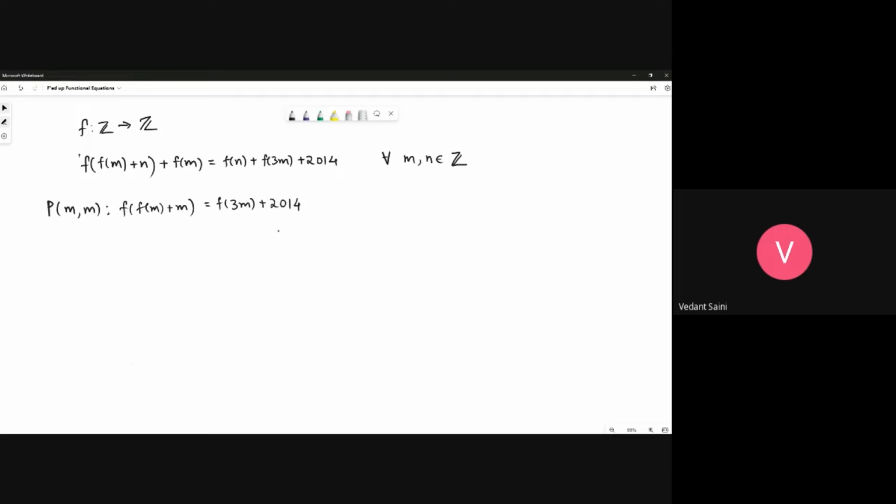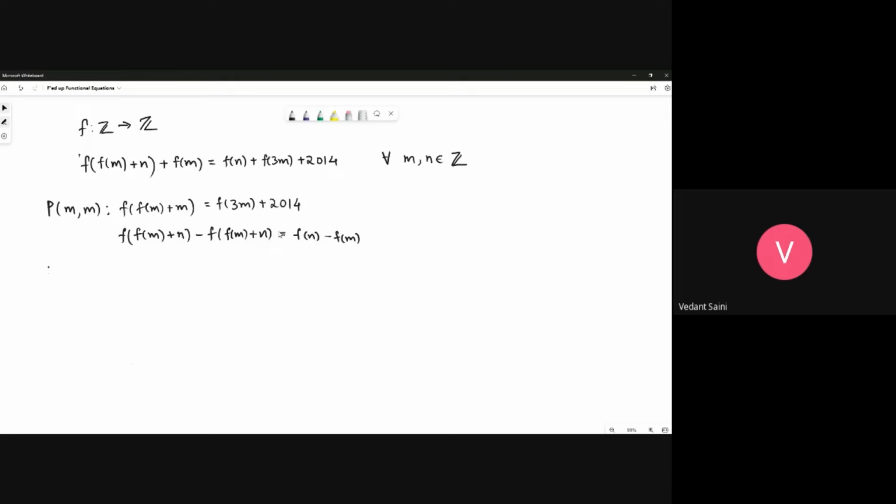Oh, so you are subtracting this equation. Okay. Yeah. So the second one, I'll write the second one too.